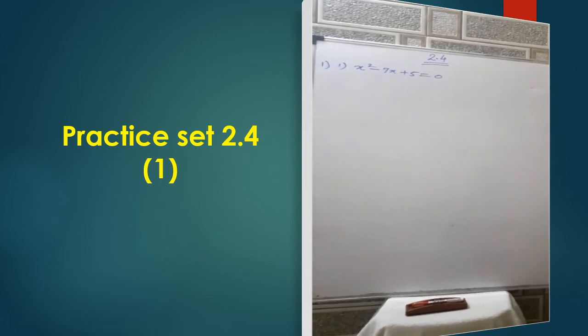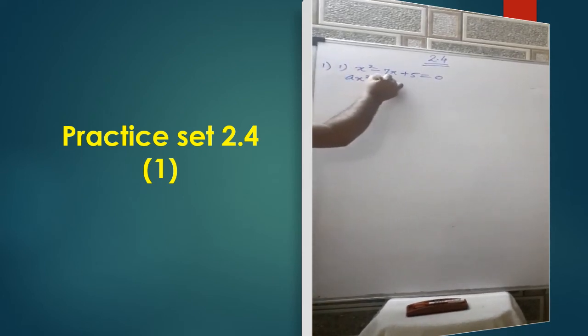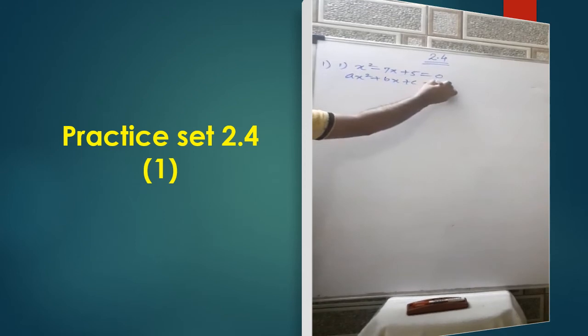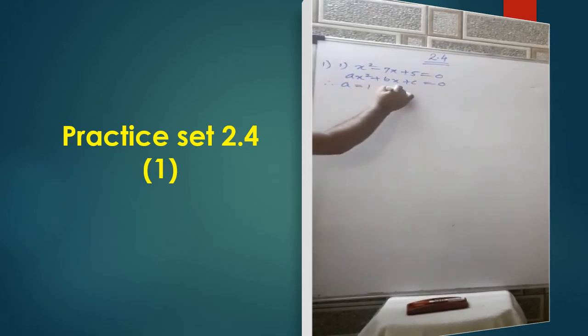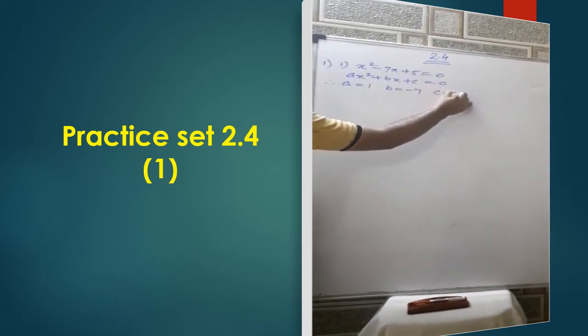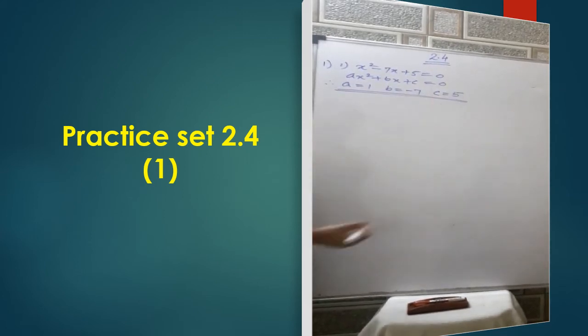So first we have to write down, compare with the general form. The general form is ax square plus bx plus c equals to 0. So what is the value of a? 1. Value of b, minus 7. And value of c, it is 5. So this way you have to write down.